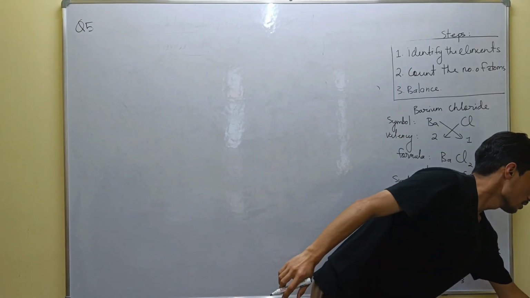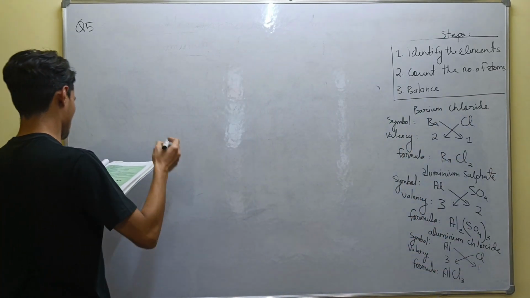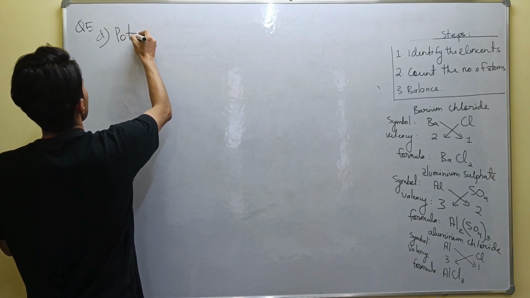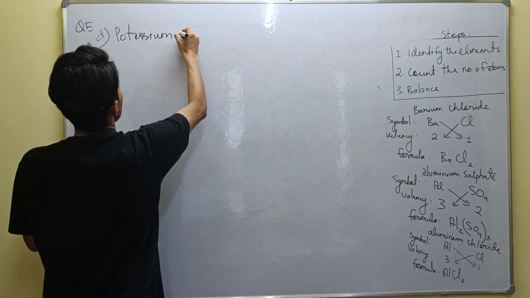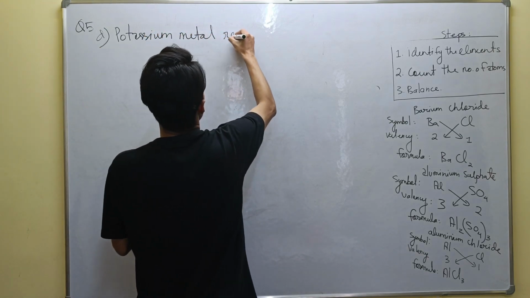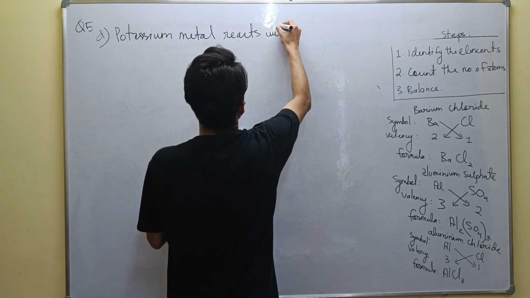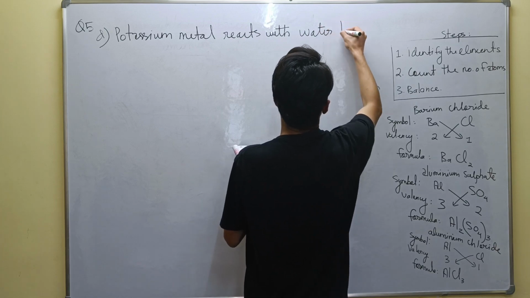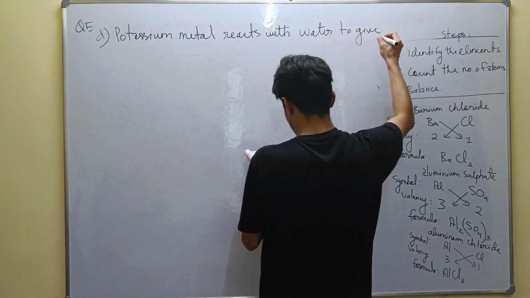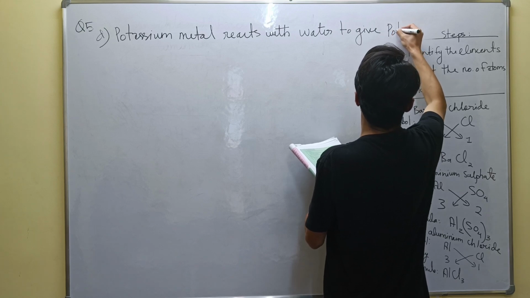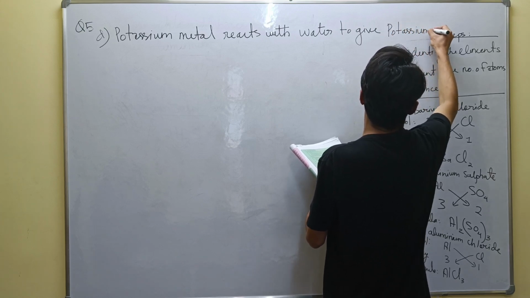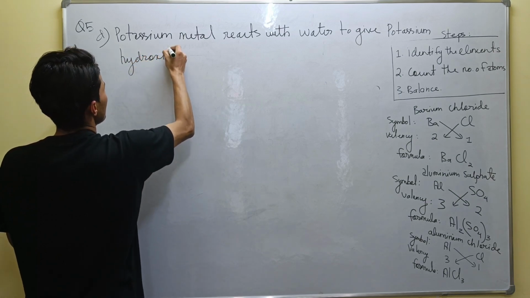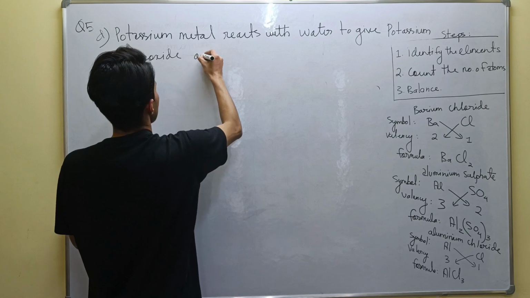Now the fourth question, number D. Potassium metal reacts with water to give potassium hydroxide and hydrogen gas.